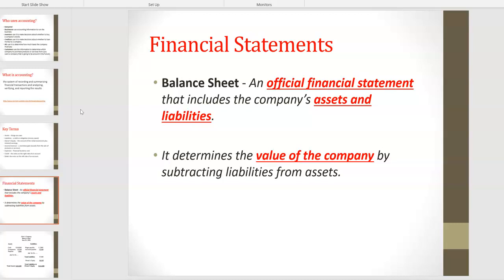It's a statement that shows what a company owns and what a company owes, and it shows the value of that company. So it's going to show all the things that the company owns. It's going to show all the things that the company owes, and then the difference between those things is going to be the equity. And in the end, you want to see that a balance sheet is going to balance. But again, we're not going to worry about that because that's in part 2.